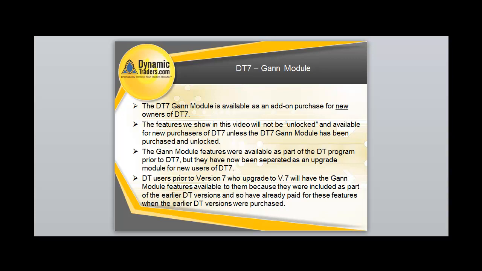By taking these out of the regular program and making them available as an add-on module, we were able to reduce the cost of the regular program, so that new purchasers of DT7 who don't want the Gann geometry features aren't paying for features that they don't need.